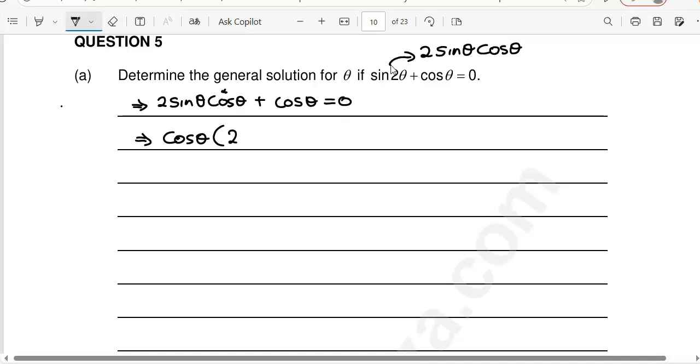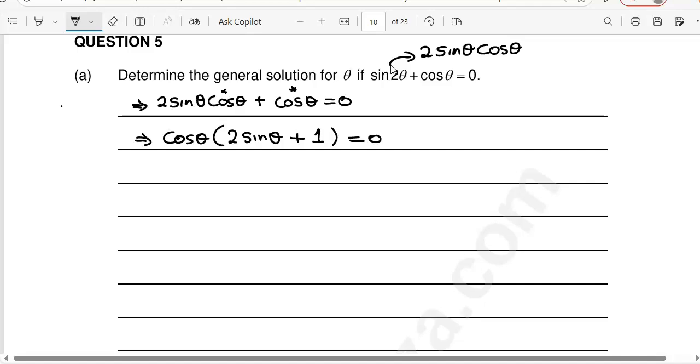We only have 2 sine theta, because cos theta multiplied by 2 sine theta gives 2 sine theta cos theta. We took out the cos theta, so we need something that, multiplied with cos theta, gives cos theta. The best thing is 1. So we're left with 1, and you equate this to 0.